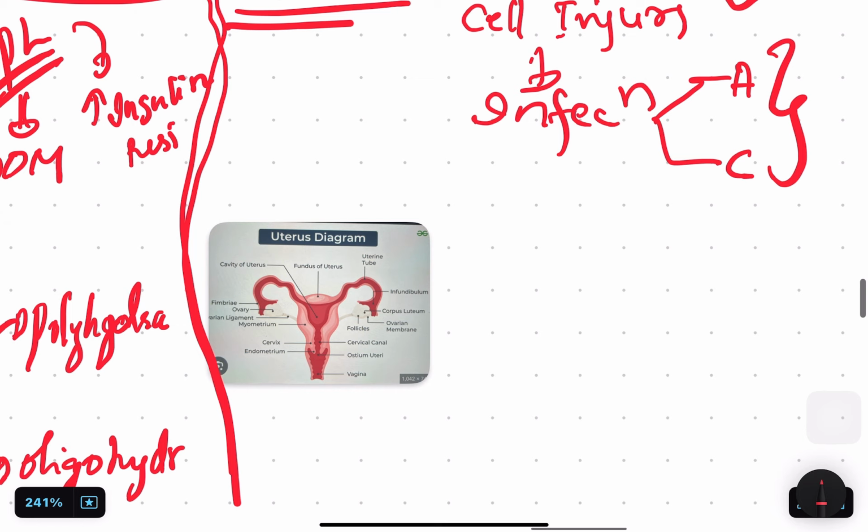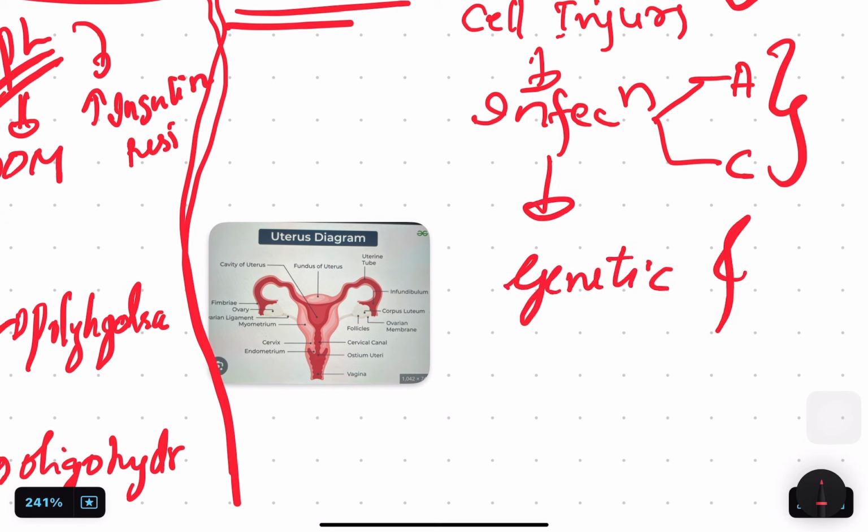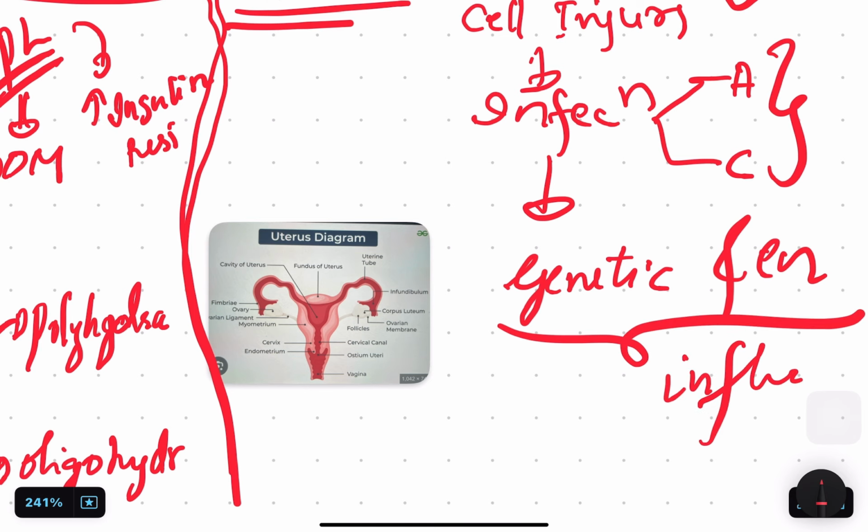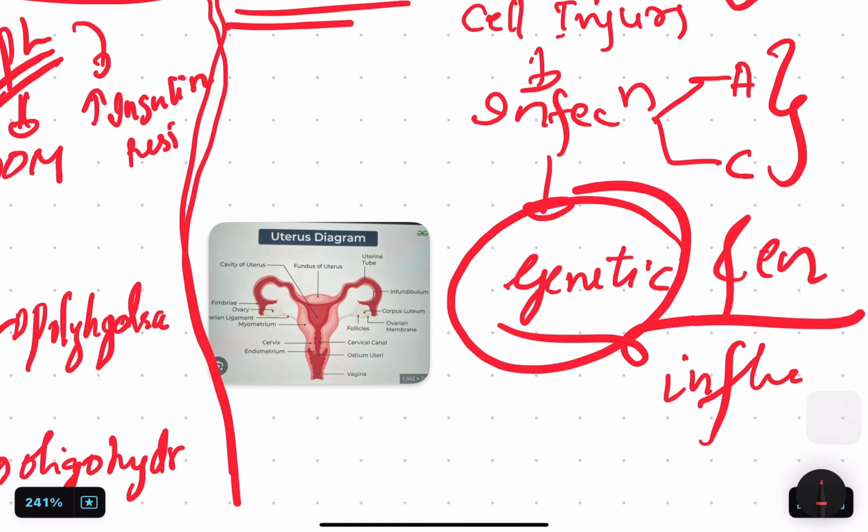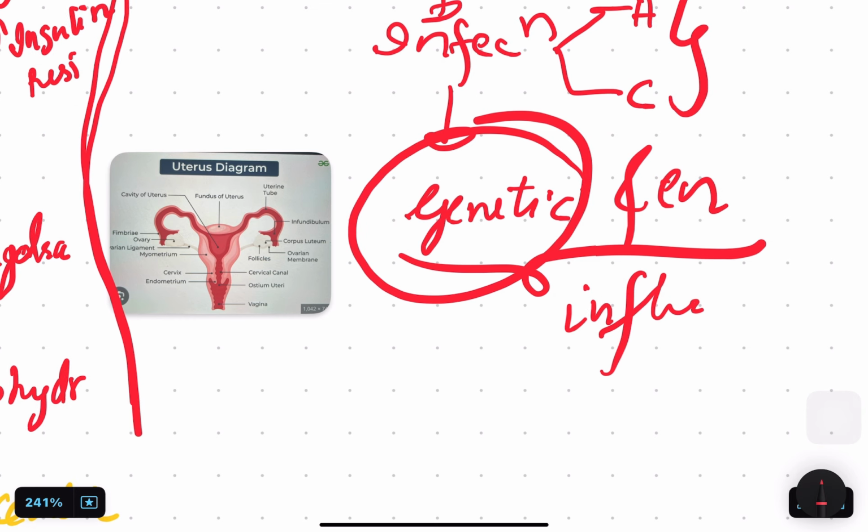Then next, what did you add? Yes, genetic and environment. Both of these influence pregnancies, and genetic abnormalities can be seen if proper pregnancy care is not taken. Got it? Then what do you think are the other pathologies? Premalignant, malignant, and benign. As such, in pregnancy, if high beta HCG is produced, then ovarian cysts might be common.